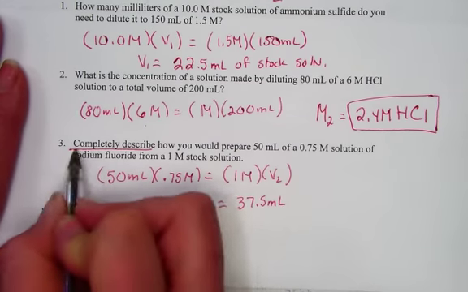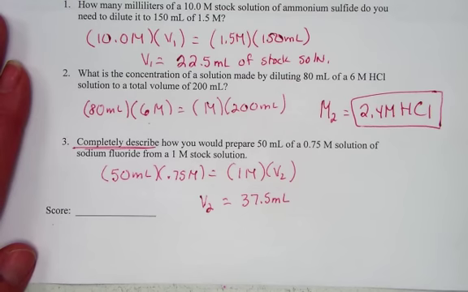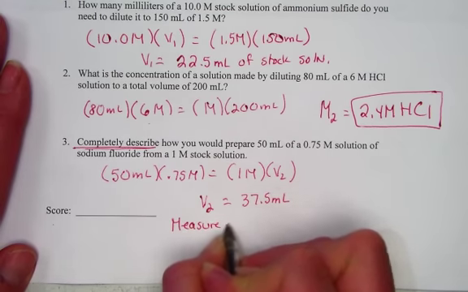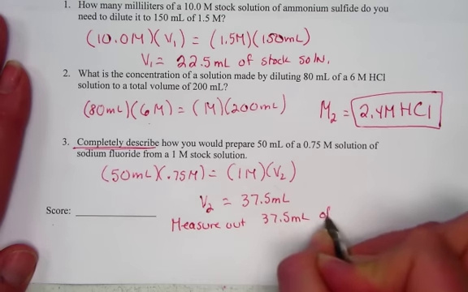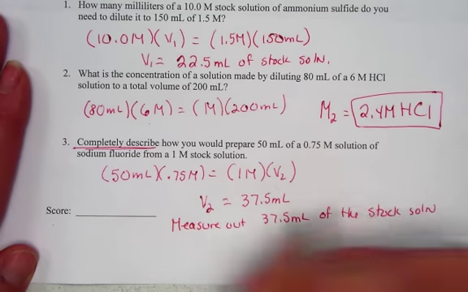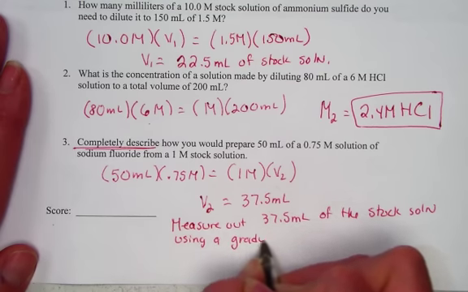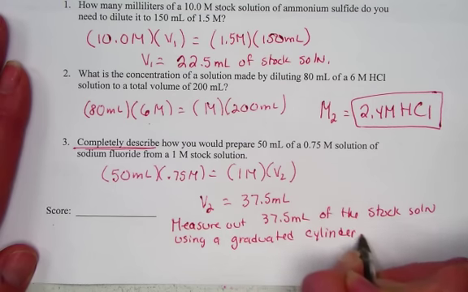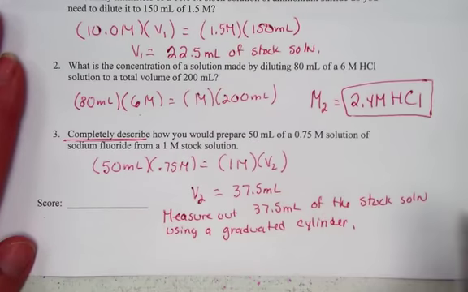But notice now I'm required to describe how to prepare the solution, and that requires a sentence. Let's simply write, we would measure out 37.5 mL of the stock solution using a graduated cylinder. In order to actually cause the dilution, we need to add water.